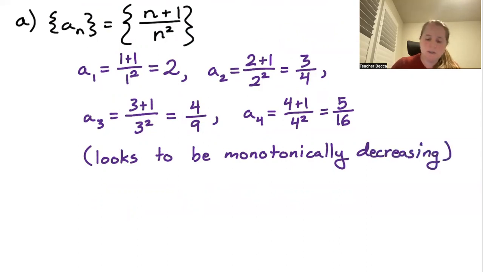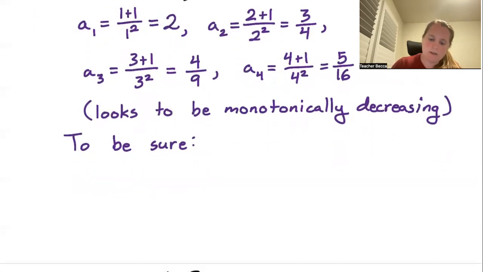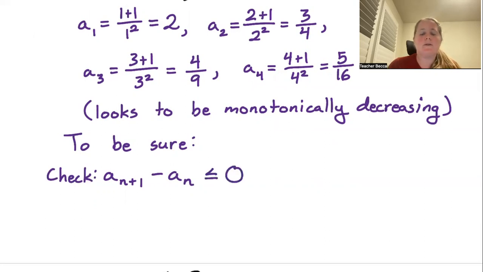How can we be sure? To be sure, we can look at a sub n plus 1 minus a sub n. If it's monotonically decreasing, a sub n plus 1 minus a sub n should be less than or equal to 0, since a sub n plus 1 should be less than or equal to a sub n.